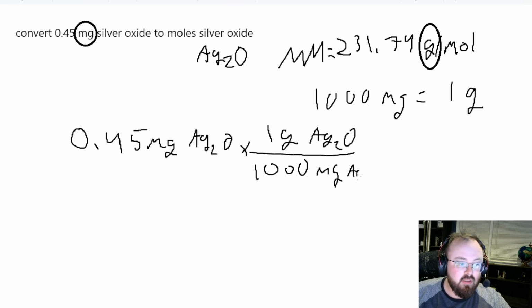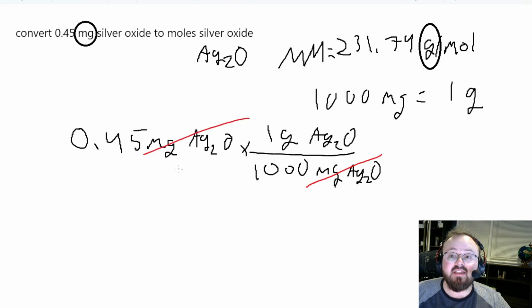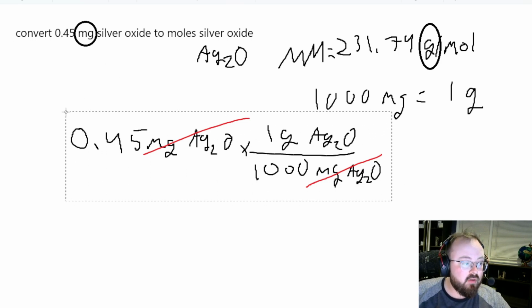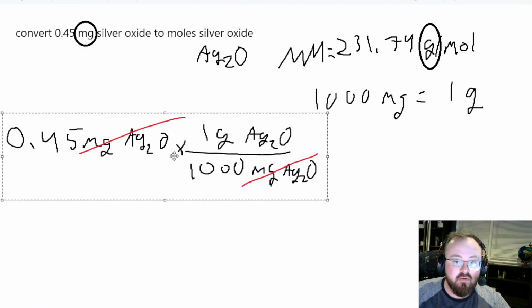I'm just being a little lazy, but I will be unlazy. And that cancels out here and here. So we can continue this. We can add more to this, because now my unit is grams of silver oxide. And now it is in grams, which is what we want it to be. So let's take this and let's move this over. So we're going to need a lot more space here.